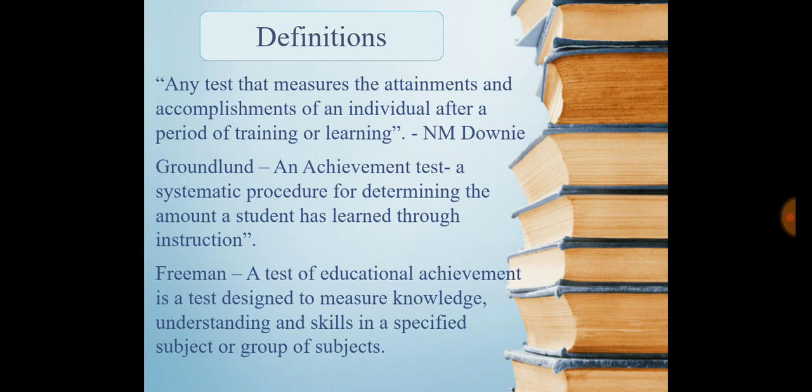According to N.M. Downey, an achievement test is any test that measures the attainments and accomplishments of an individual after a period of training or learning. Again, Thorndike and Hagen define an achievement test as the type of ability test that describes what a person has learned to do.